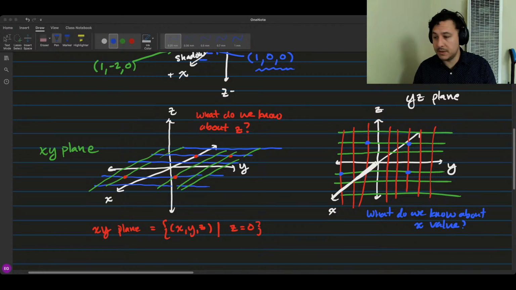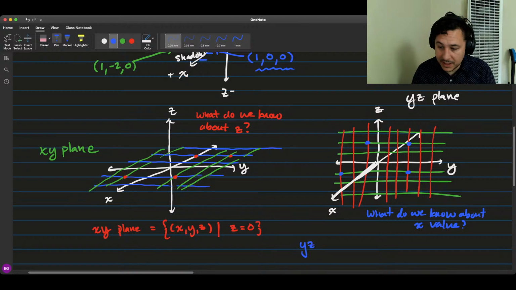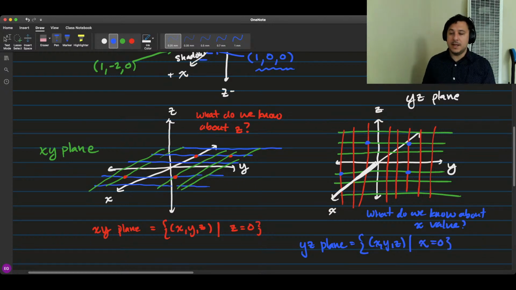Yeah, so what do we know? They're also 0. So the YZ plane is comprised of x, y, z points which have x, y, and z values, and we know that the x value is 0. So notice the name sort of makes sense.